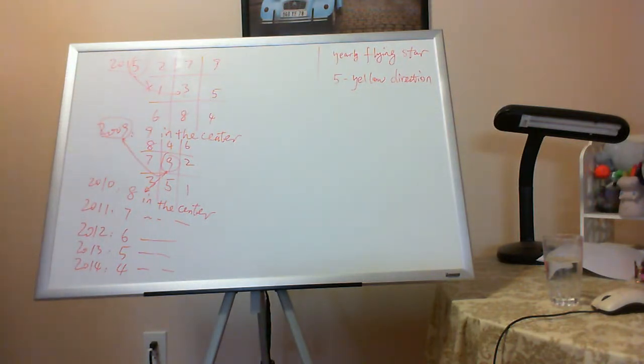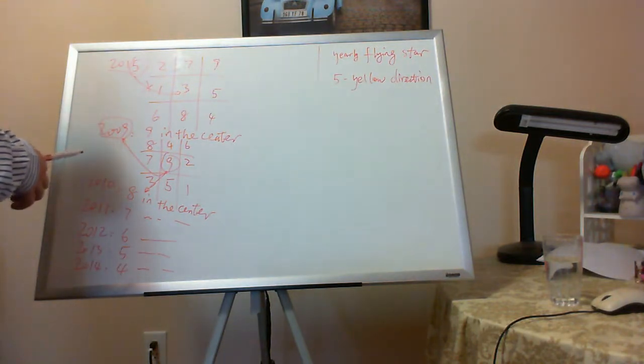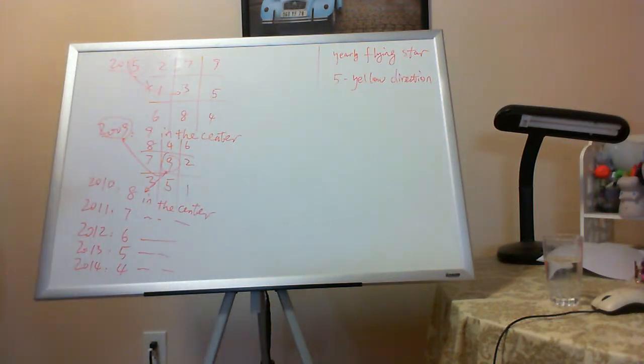Which direction is governed by wealth, which direction is governed by romantic relationship, and how to do object placement to improve the wealth prospect, or to reduce the power of the inauspicious stars. They usually do these predictions based on this yearly flying star map.